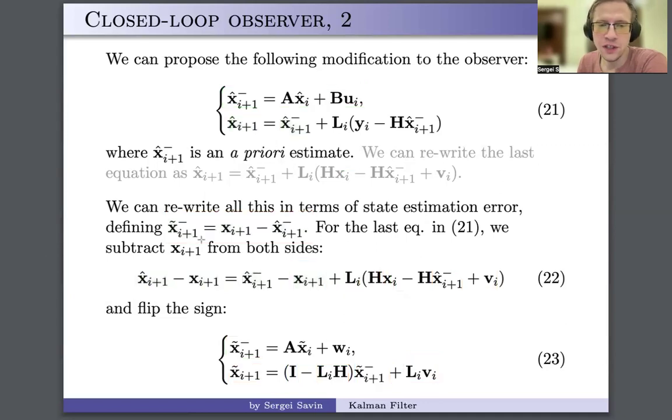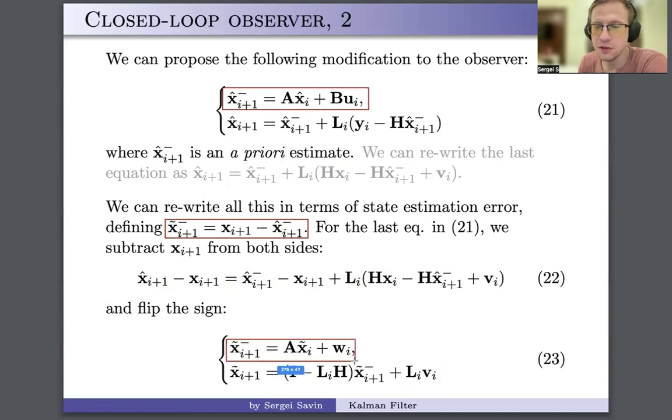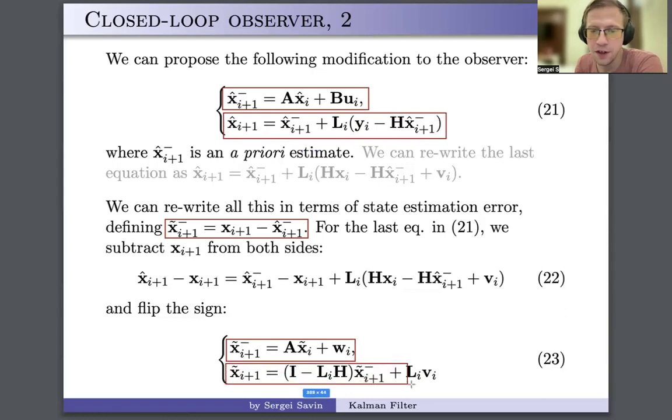So what we did, one more time, we introduced this new variable, subtracted from like this. So this equation automatically becomes this equation, as we said previously, by subtracting dynamics. And the last equation we get by subtracting x sub I plus 1 from this guy, flipping the sign, and collecting the terms.